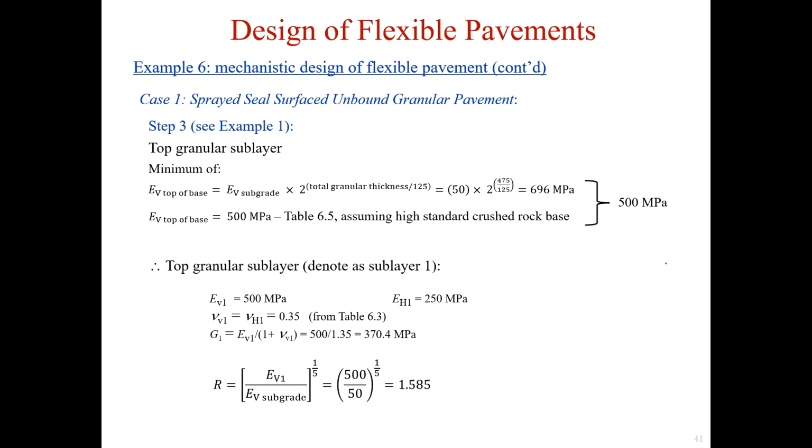The mu V1 equals mu H1 equals 0.35, taken from table 6.3. So shear modulus G1 is calculated as 370.4 megapascal. The ratio R is calculated as EV1 divided by EV subgrade, to the power of 0.2, and we get the value of 1.585.